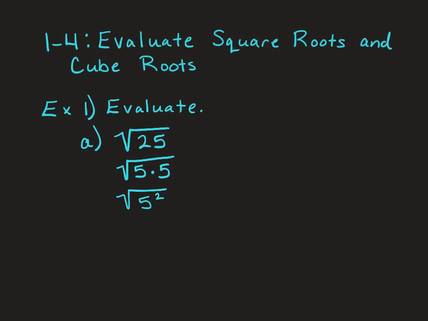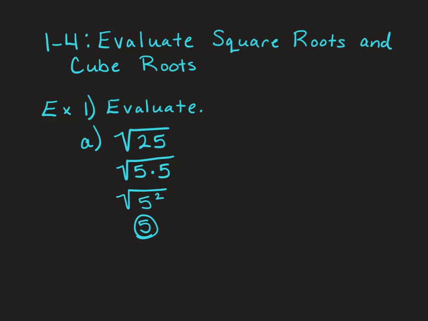That means they're opposites. They undo each other. Kind of like adding and subtracting are inverses of each other, or multiplying and dividing are inverses of each other. So when I take the square root of 5 squared, the square root undoes the squaring of 5, and we just get 5.